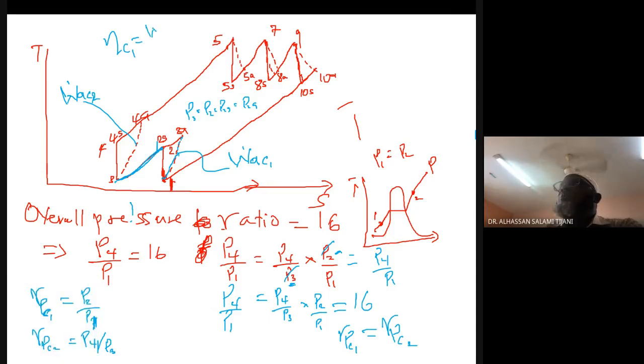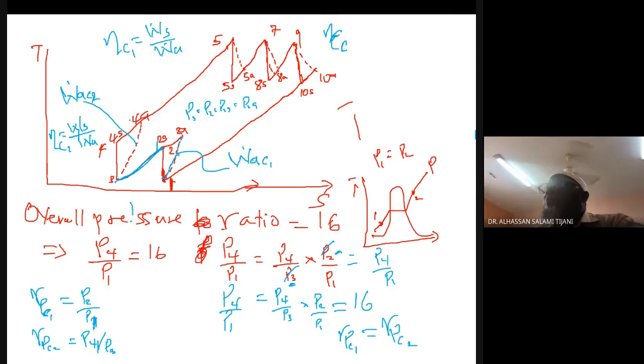So we have WS divided by WA for compressor number 1. And for compressor number 2, the efficiency also gives us WS divided by WA, but with respect to state 4 and state 3.